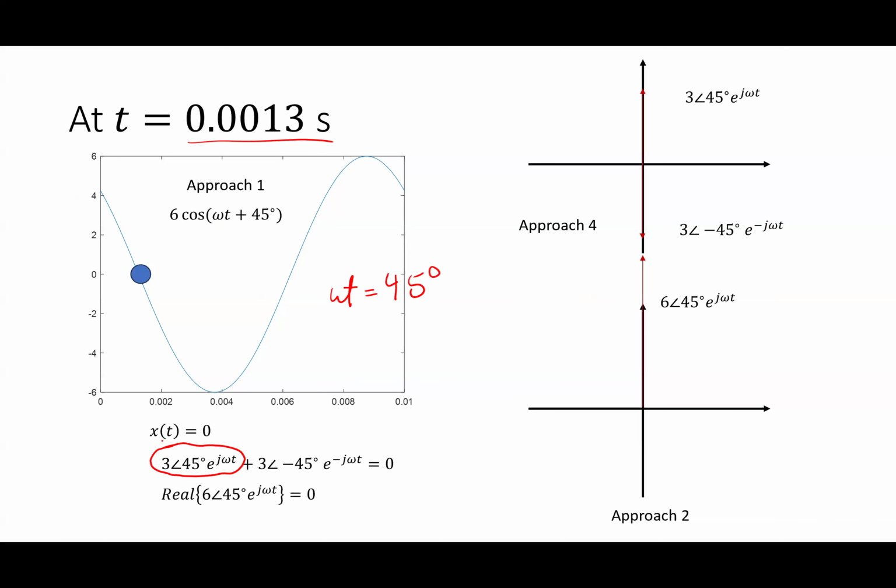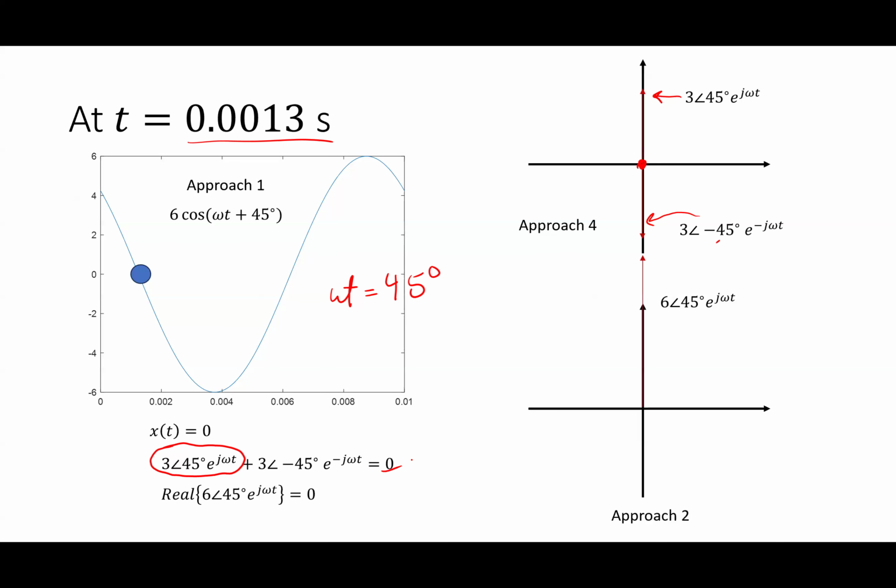And so that is here. The other one is here. Where's the sum of those two things? I've got one vector straight up and one straight down. What's the sum of those two things? 0. There is no real part. That's exactly what we would expect. The sum is right there.